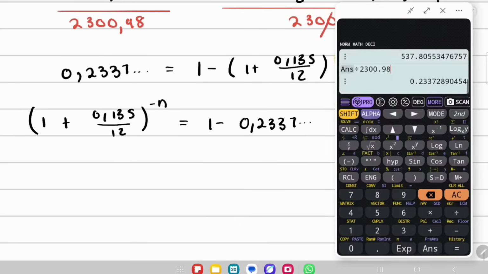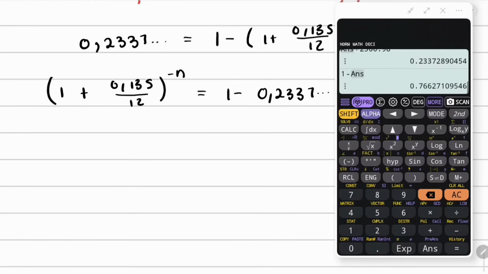And how we'll do that on the calculator is using this ans button. So you see how we needed to say 1 minus that number? You can just say 1 minus ans, and that was already recorded. So you still have this 1 plus 0.135 over 12 raised to the power of negative n, and is equal to 0.7662, and that keeps going.